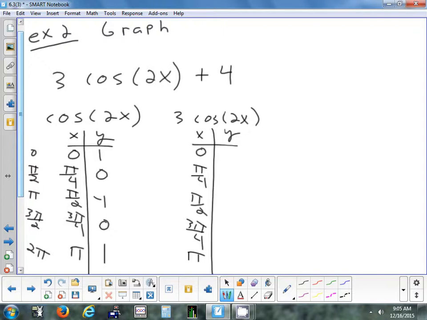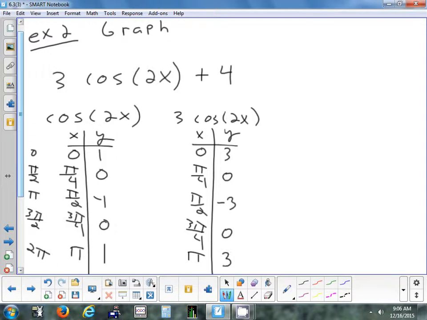You said divide by 3? No, you're not going to divide by 3. Anyone help them out? What do we do? Yeah? Multiply by 3. Okay, this is going to make the graph 3 times as tall. Okay, so we get 3, 0, negative 3, 0, 3.